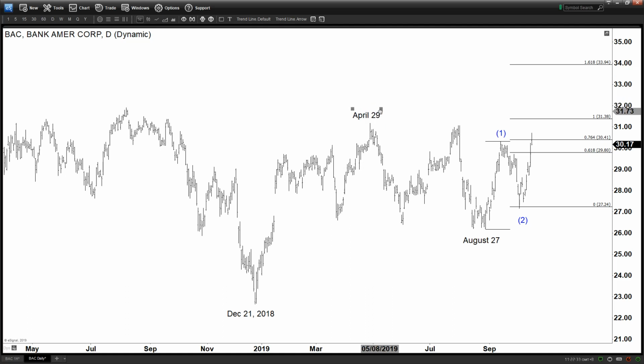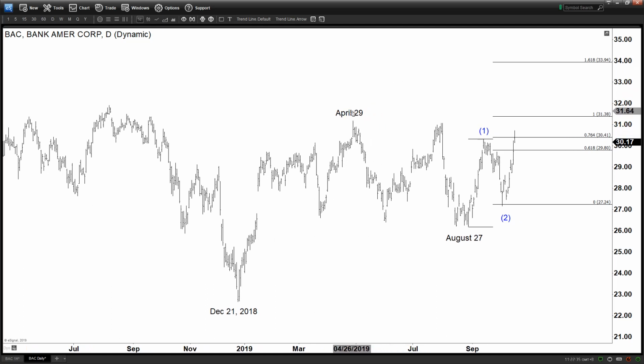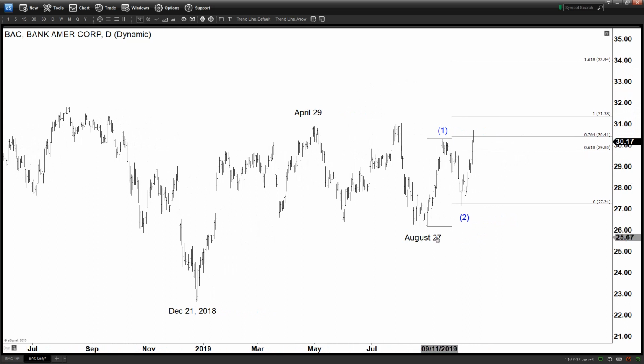Now if we break above April 29 in the BAC, that will open up an even bigger rally, because then you can label it as an ABC if you want, ABC, and also ending W maybe, and this looks like a flat to me, ABC flat, right?